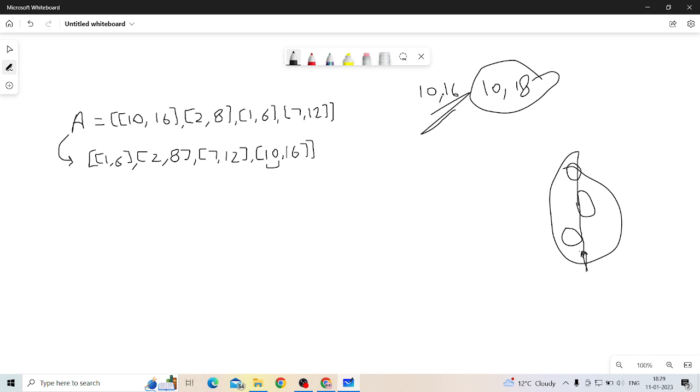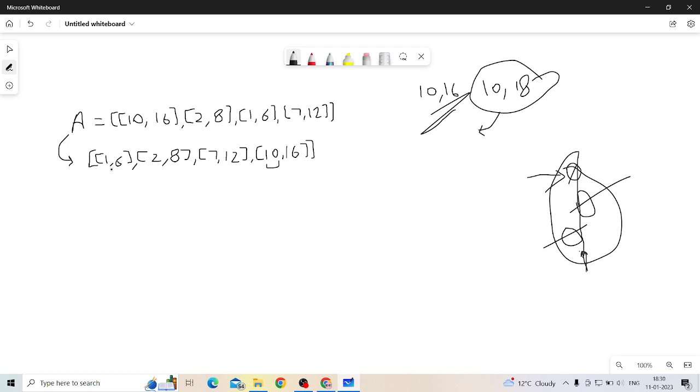If two points have the same x coordinate, we will take first the point having the greater y coordinate, so that if we take this balloon, this arrow will burst this and this. So simply what we are doing is sorting the array with one condition: if there are two points having the same x coordinate, then return first the one having the greater y coordinate.